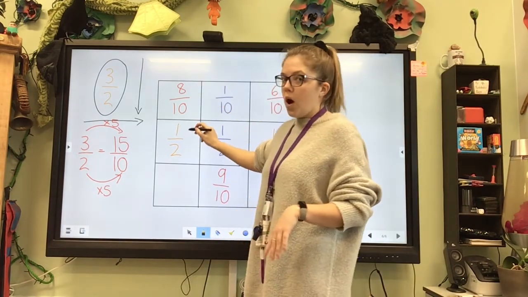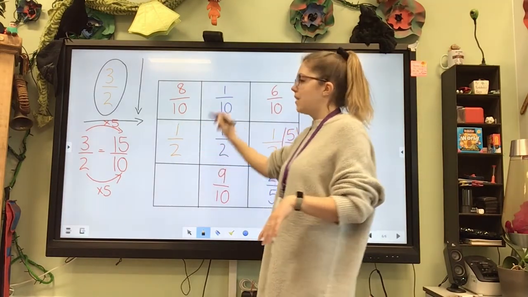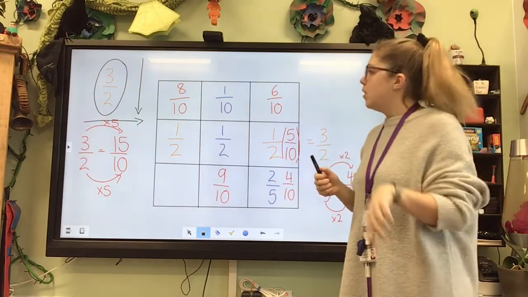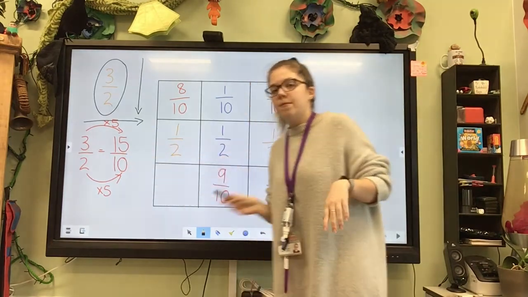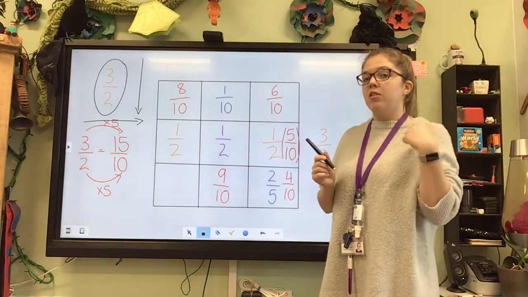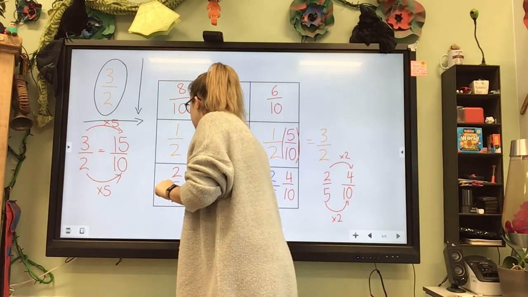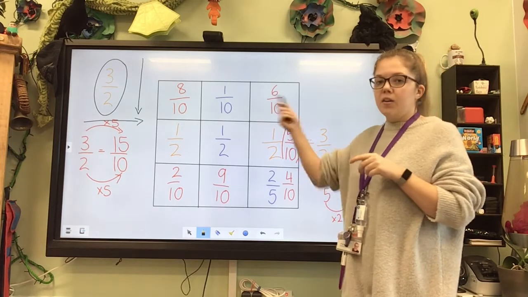Now I've not got 1 because my 1/2 in tenths is going to be 5. So I've got 8 add 5. 9, 10, 11, 12, 13. Oh, I've already got 13 tenths. And my magic number is to make 15 tenths. So 13, 14, 15, 2 tenths like that. So that is how you complete a magic square.